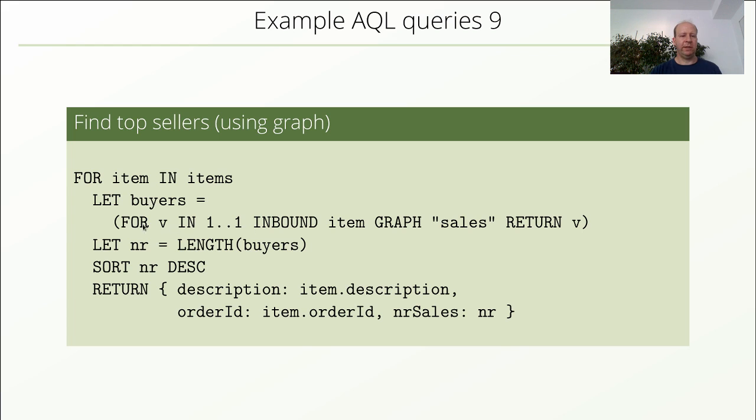And what this does, it runs a subquery here in brackets to find all the people who have bought a certain item. Then we only look at their number. That's the length of this variable here. We sort in descending order, and we put out the description of the item, the order ID, and the number of sales. So let's run this.